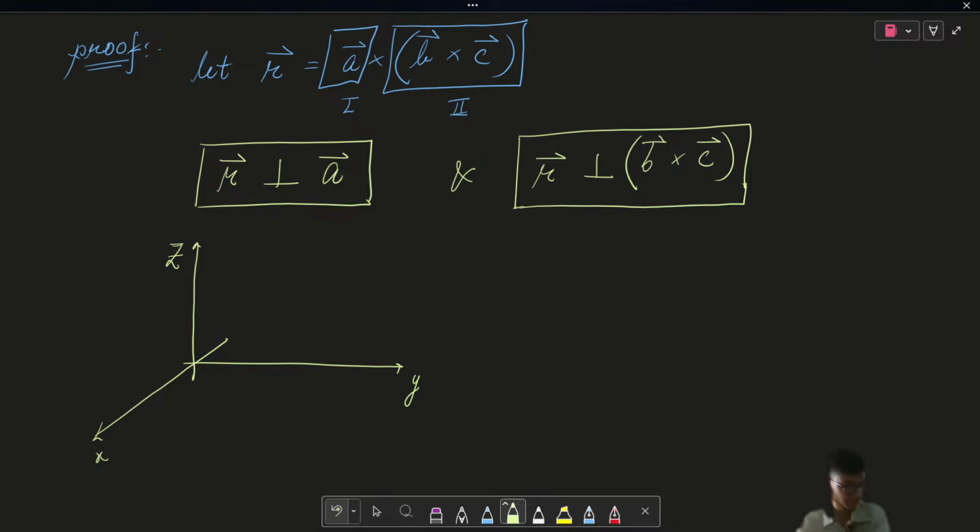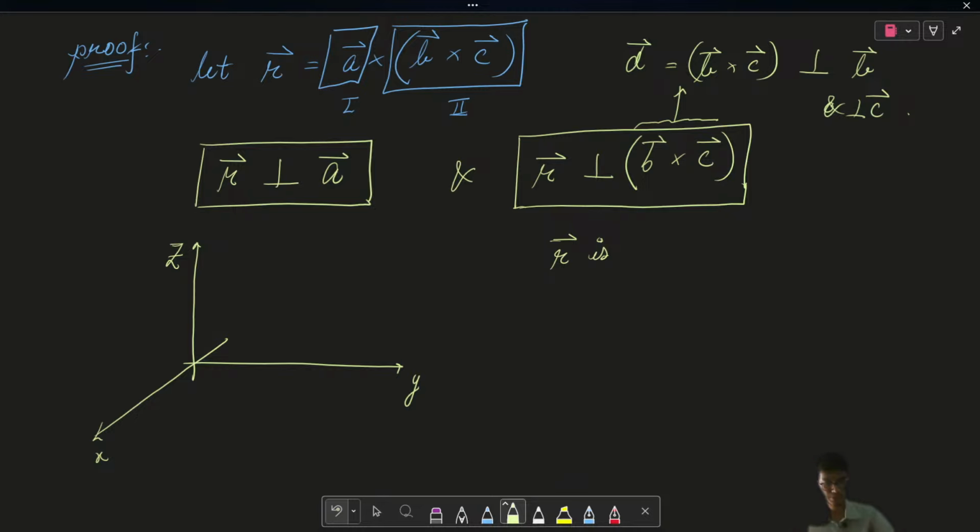Now if I say that my b and c vectors are lie in the xy plane, then b cross c, if I call it the d vector, is perpendicular to b vector and also perpendicular to c vector, right?